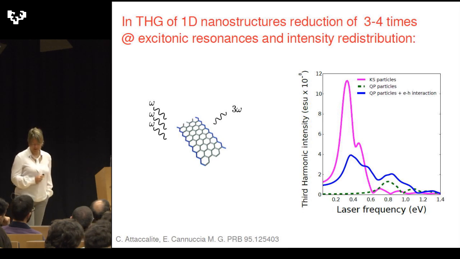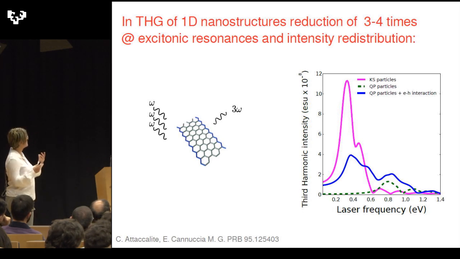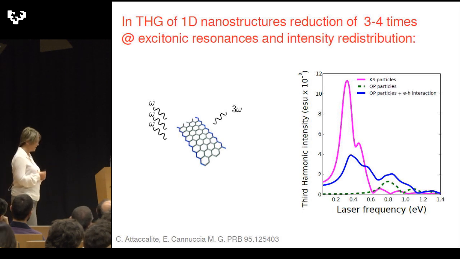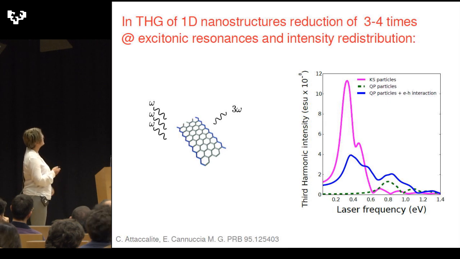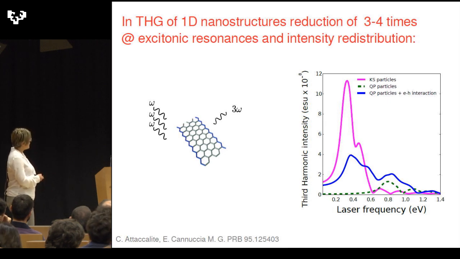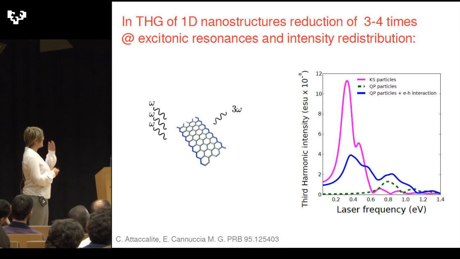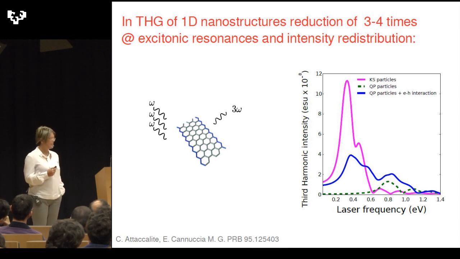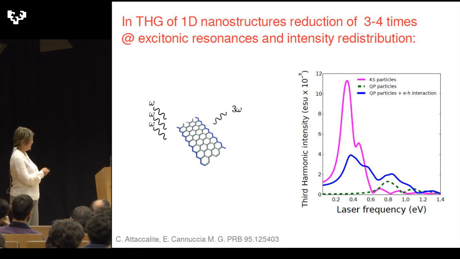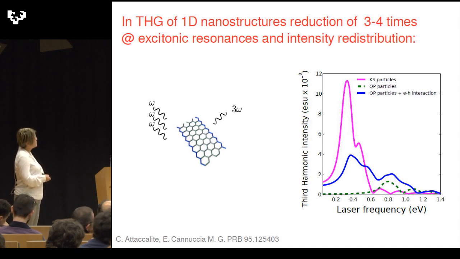We also looked at rather different systems. So these are 1D nanostructures, either nanotubes or nanoribbons. And we looked in this case at the third harmonic generation. So here in magenta, we have what you would obtain in independent particle using the DFT energies. Then if you correct with the GW, you will obtain this green curve.